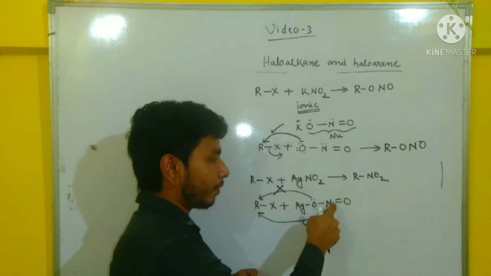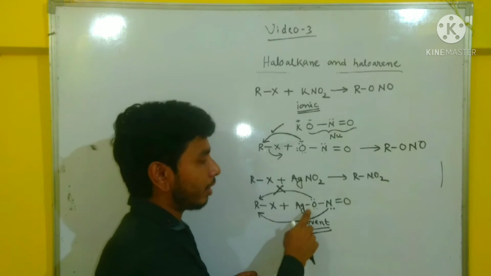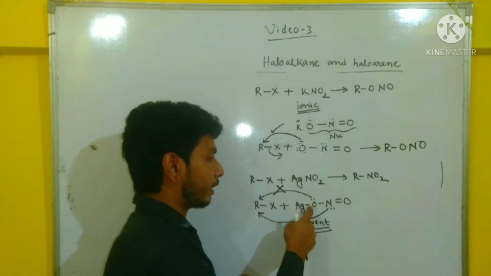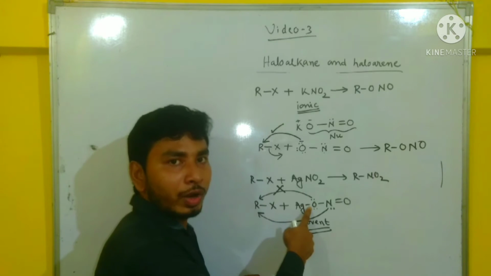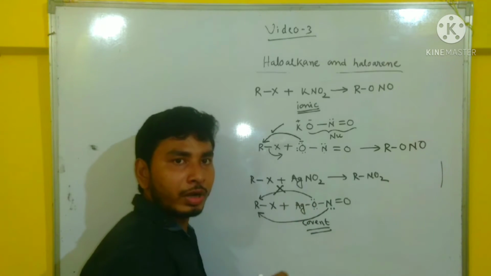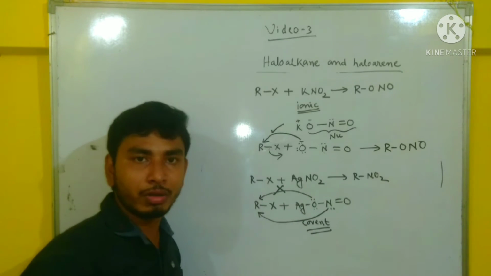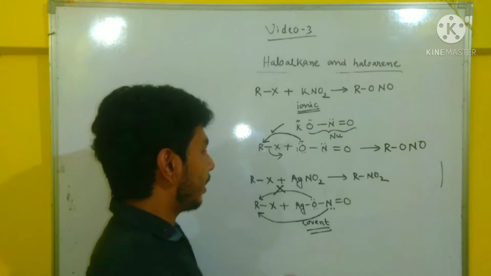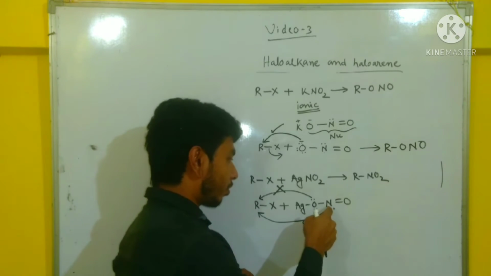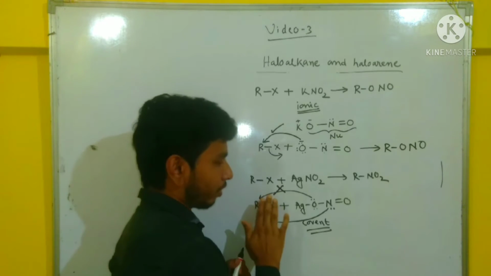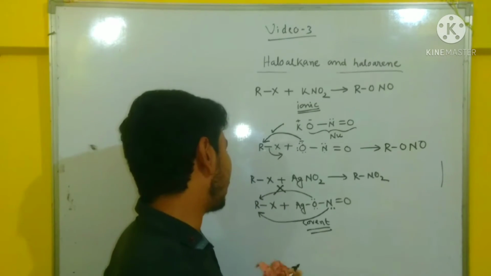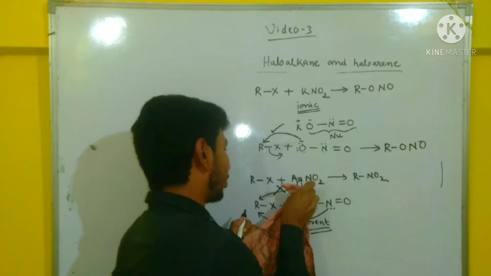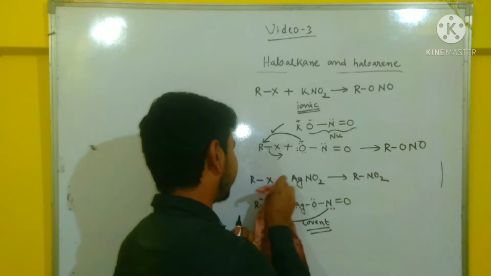But now none of the atoms is negatively charged, both are neutral, and oxygen is more electronegative, so it cannot donate the electron easily. So now nitrogen will donate the electron, and the attack will take place through the nitrogen, not the oxygen.